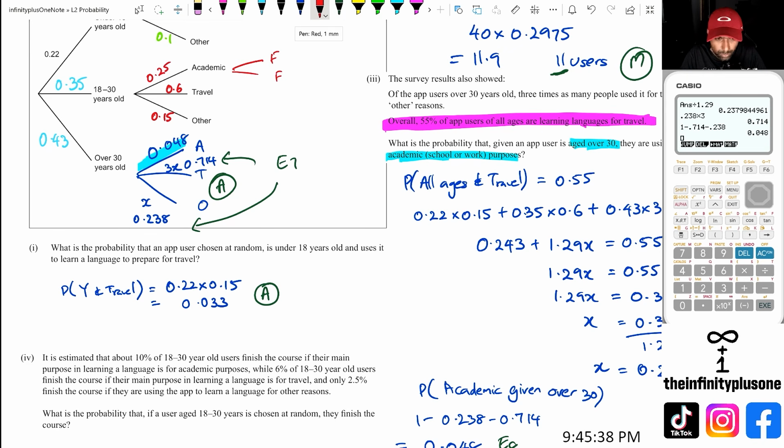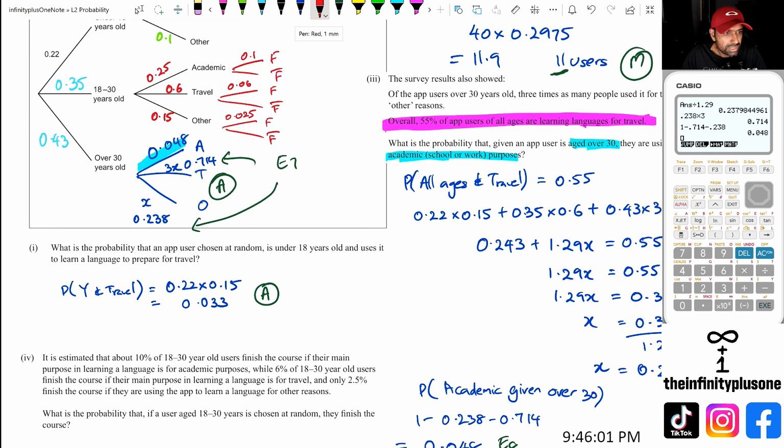So for academic, it was 10%, so that's going to be 0.1. For travel, it was 6%, so 0.06. And then only 2.5% for the other, so that's going to be 0.025.